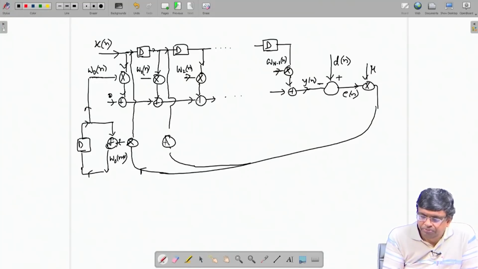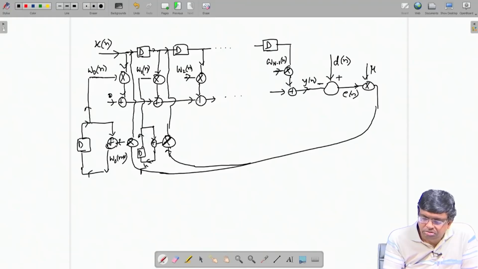This multiplier. So, mu e n times x n minus 1, that has to be added with the W1 n. So, they get added and the output I hold in a flip flop, hold in register delay. This is your W1 n plus 1. In the next cycle it moves here.